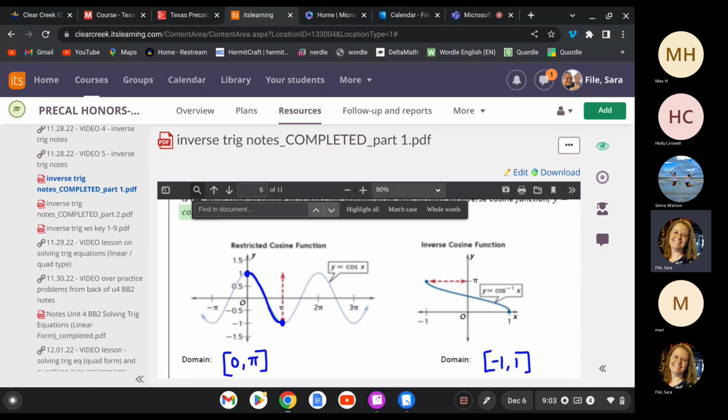Notice the original function, where that dark blue line is traced, goes from 0 to pi, so it's all to the right of the y-axis. On the inverse, this goes up from 0 to pi, so it's all above the x-axis, because the x and y are switching. And that one is decreasing left to right.